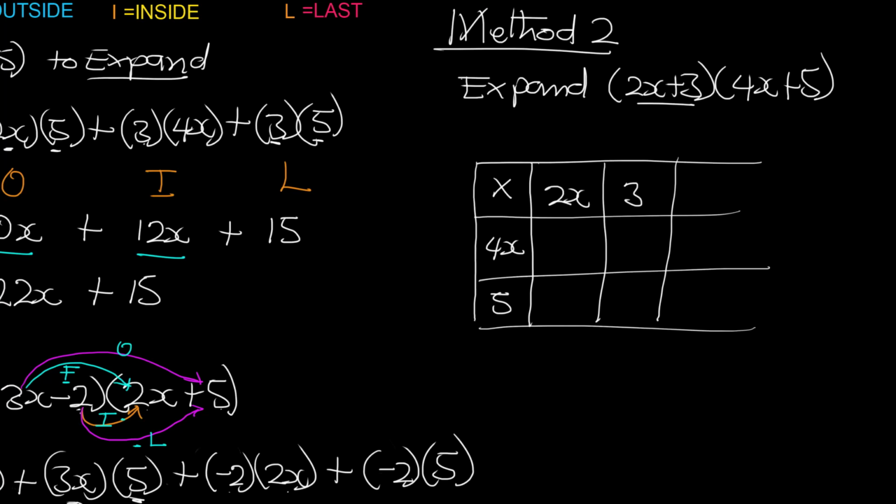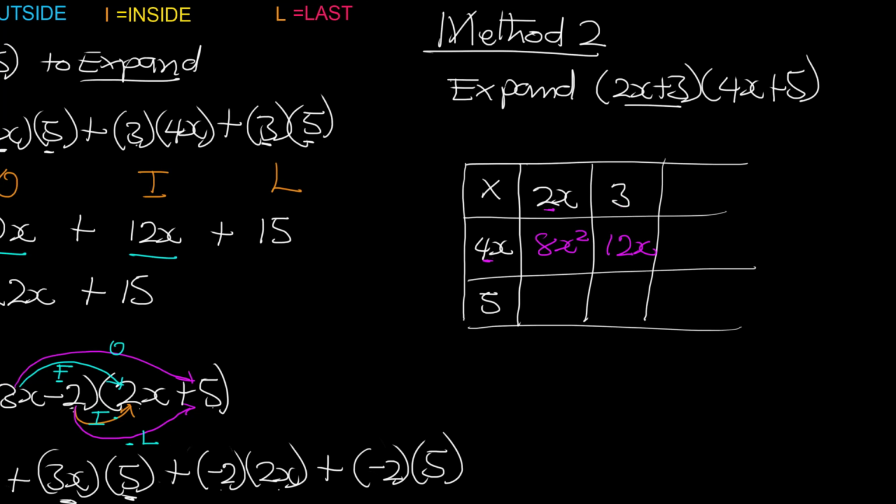What we do is to multiply 4x and 2x, that gives us 8x squared. 4x times 3 gives us 12x, and the next thing is to multiply 5 and 2x. That gives us 10x. And 5 times 3 gives us 15.